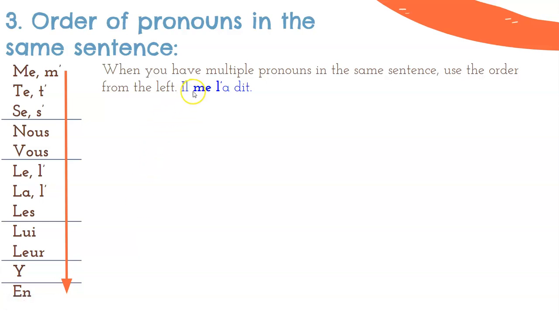So if I'm saying he told me it, it's more like he, me, it, told. Il me l'a dit, right? My first pronoun is me. My next pronoun is le. Me comes before le in this order. For example, tu la lui donnes. Je me les y envoie.